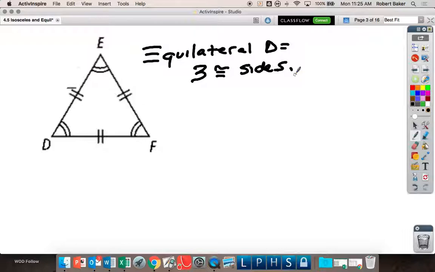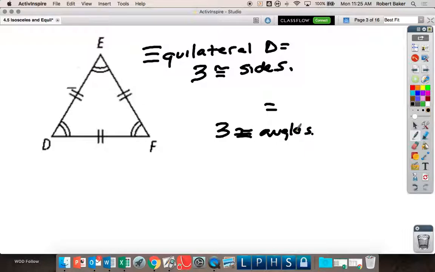And how else would we describe that triangle? Okay, that's the definition. But what is the name of a triangle with 3 congruent angles? No, equilateral is 3 equal lateral sides.